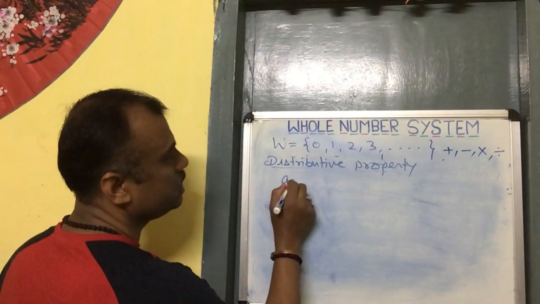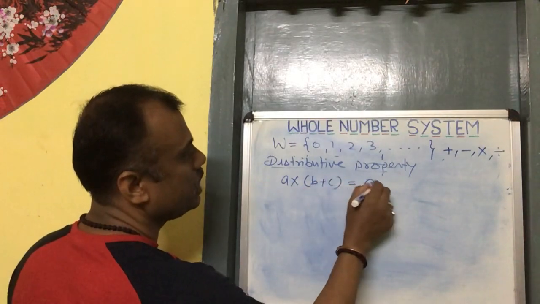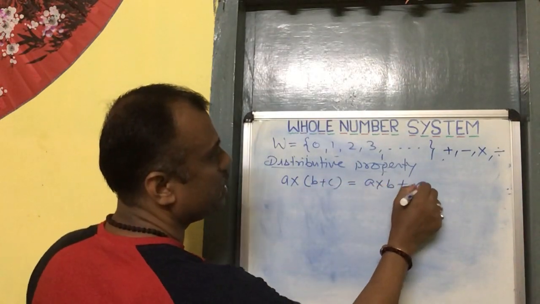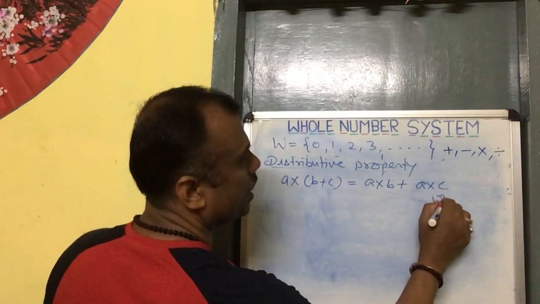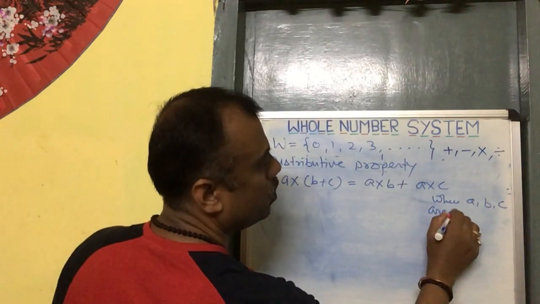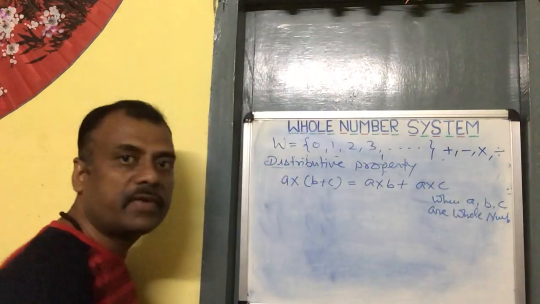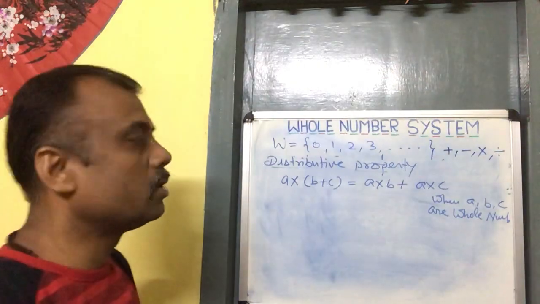It will look like this: A into B plus C equals A into B plus A into C, where A, B, C are whole numbers. You can verify it. It is true for any whole numbers.